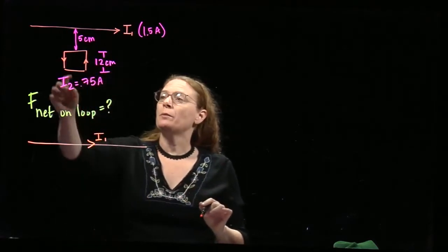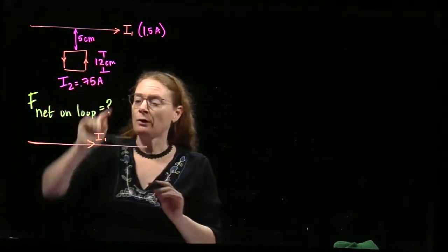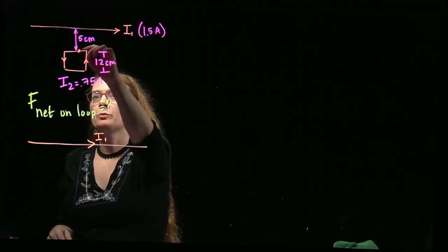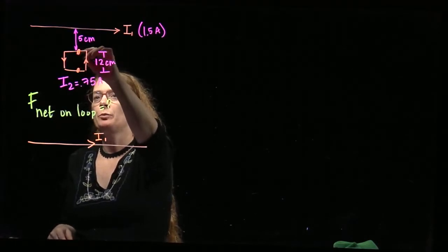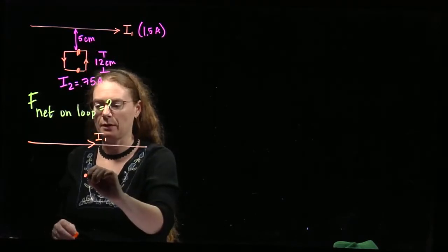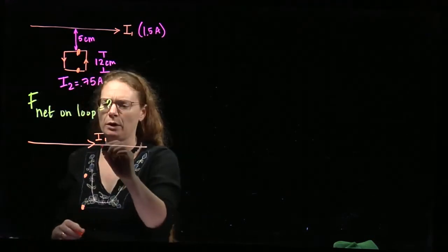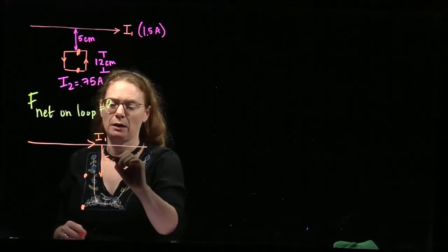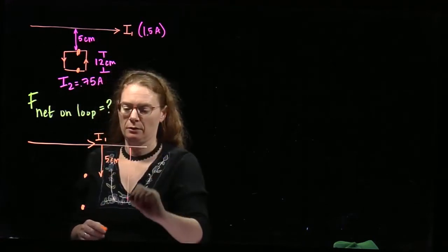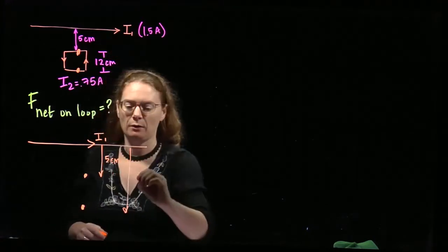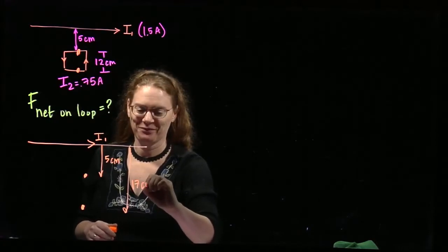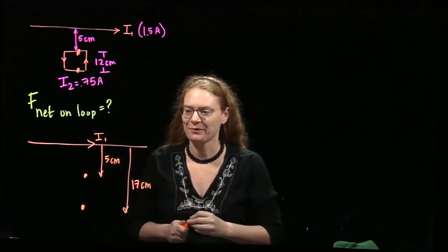We want to know what the magnetic field is from I1 at these two positions, where the loop is. But I'm not drawing the loop, I'm just going to focus on those two positions. One is 5 centimeters down, and the other must be 5 plus 12, not to scale, 17 centimeters down.